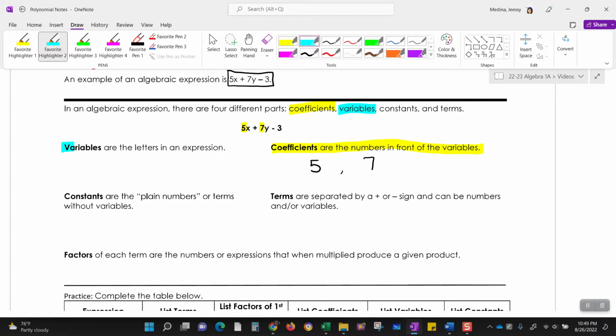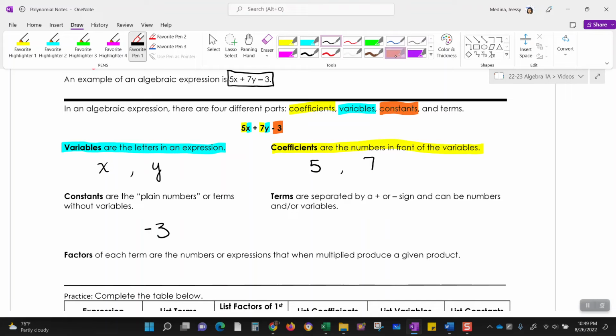The variables are going to be the letters in the expression, and in this case, it's x and also y. We're also going to have constants. Constants are the numbers that don't have variables. So in this case it is the -3.